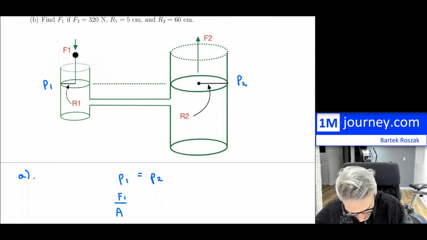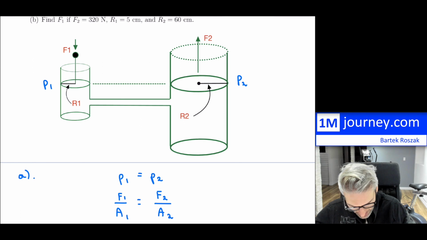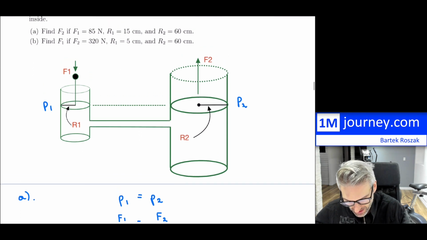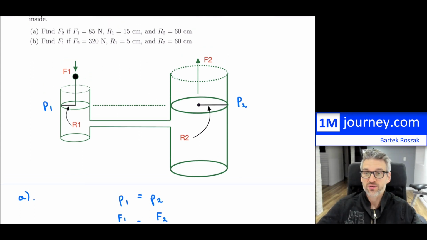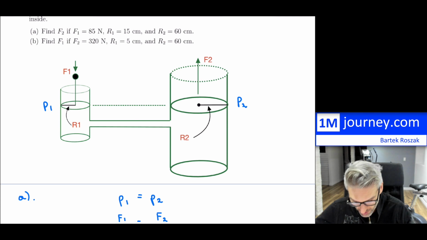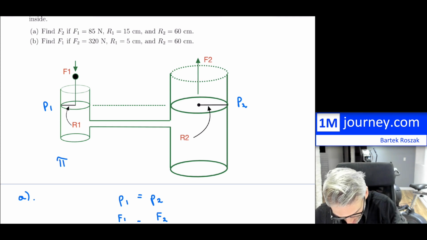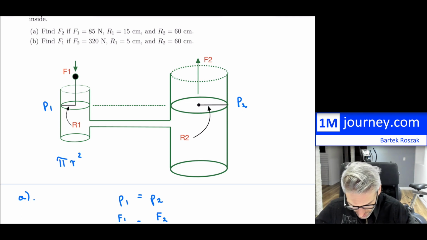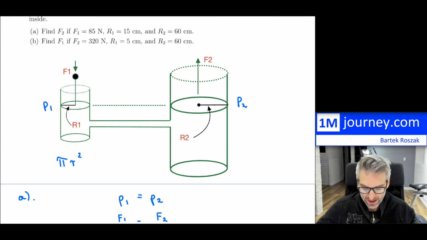So force F1 over area A1 is equal to force F2 over area A2. Now, why do I put that in there? Because they give us the force, which is the first force, 85 newtons. They give us the radius, so notice that we're going to be using pi r squared for the area of the circle. And we're supposed to find F2.